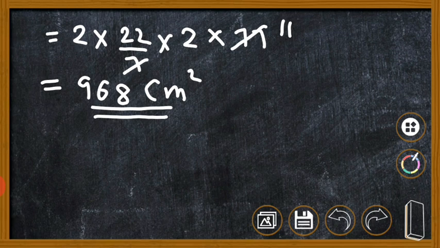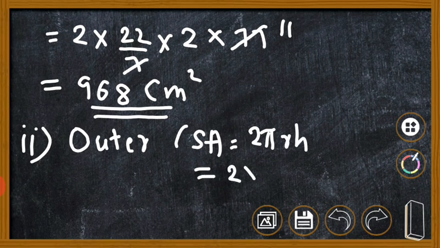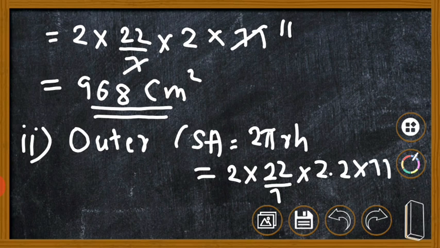Then moving to our second question. Outer curved surface area. Same way, the only difference is you have to take the outer radius. The same formula you have to use, 2 pi r h. So that is equal to 2 into 22 by 7 into radius. In this case, what is the outer radius? 2.2 into height 77.